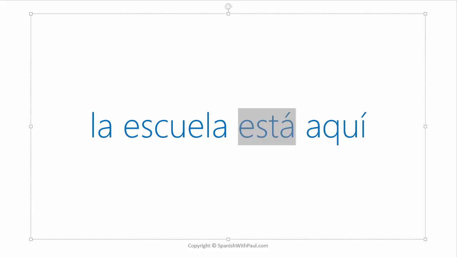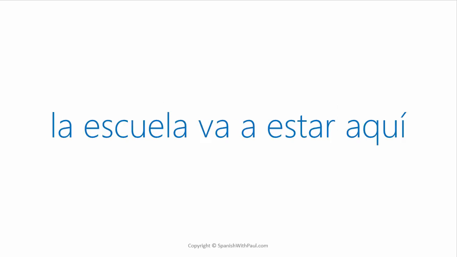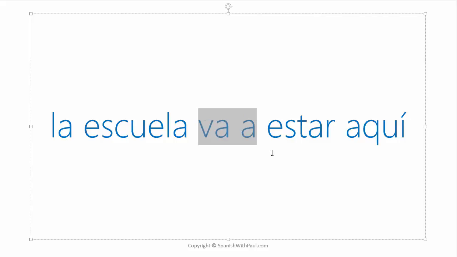Now this one, the future, the school is going to be here. How would you say that? La escuela va a estar aquí. Here we have our handle is going to. To be has to be estar because we're referring to location. La escuela va a estar aquí.